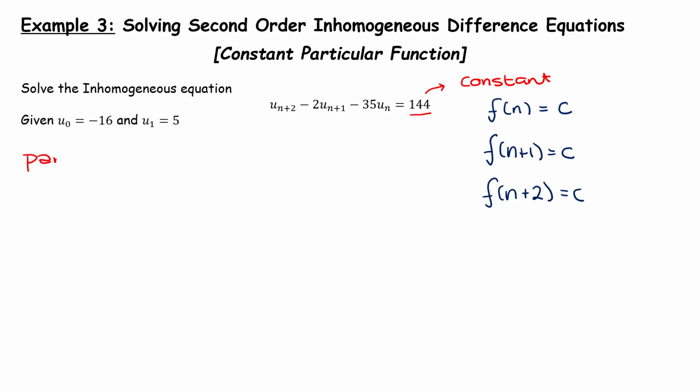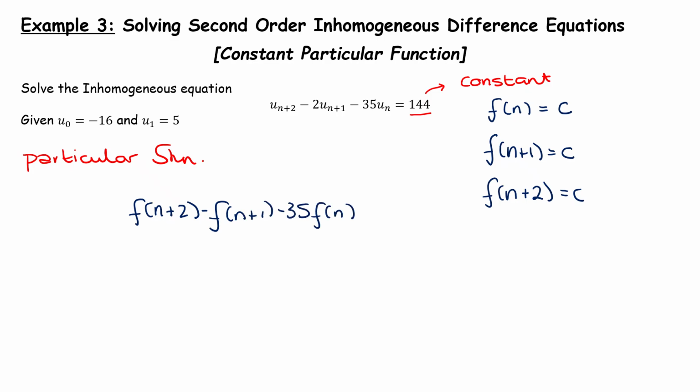So we're working with the particular solution first. So for the particular solution, we're looking at f of n plus 2 minus 2 f of n plus 1 minus 35 f of n equals 144. So that is going to be c minus, oh, I dropped my 2. Let me put it in up on the line above.